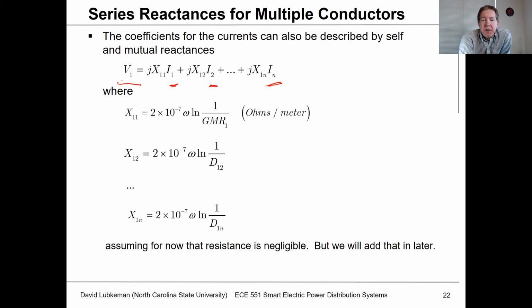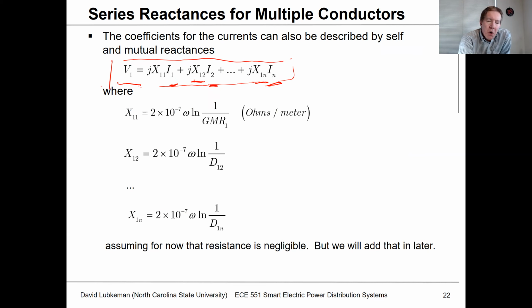V1 is going to be dependent on I1, so that part's going to be jX11 times I1. And then if I'm looking at the impacts of the different currents, I'm going to have these mutual reactance terms like X12 and X1N, et cetera, that are going to help me define what this voltage drop is going to be across conductor number 1.